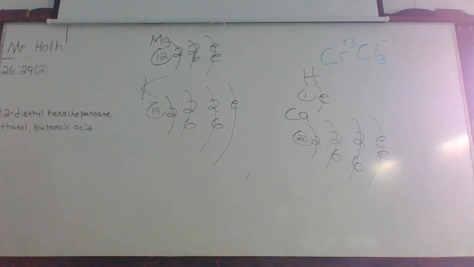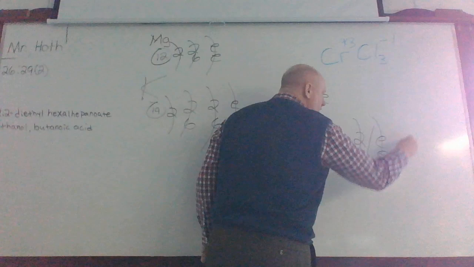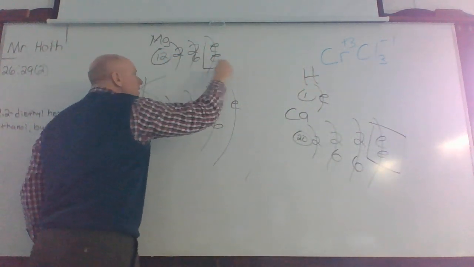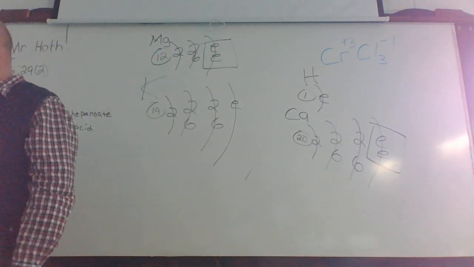It has something to do with the letter V, valence electrons. Okay, so how many does calcium have in the outer energy level? 2 valence electrons. Same thing with magnesium. They both have 2 valence electrons, so they're going to have very similar properties.